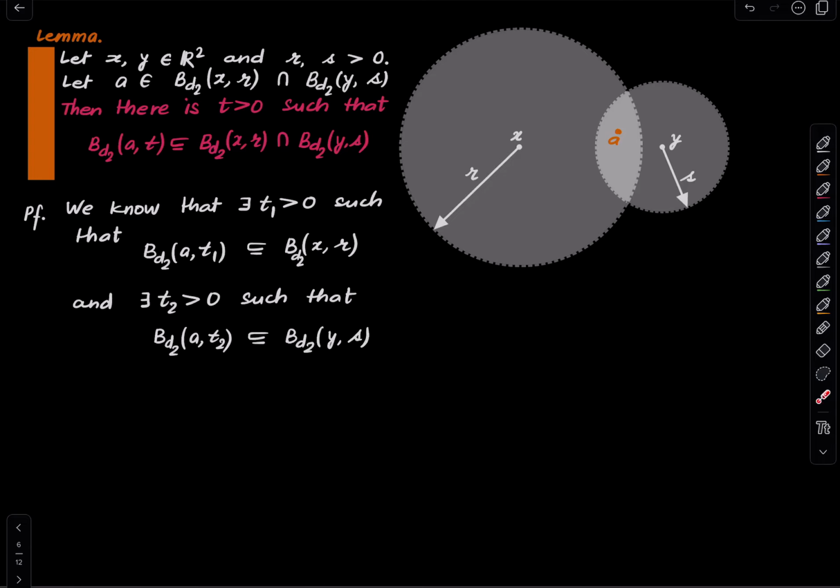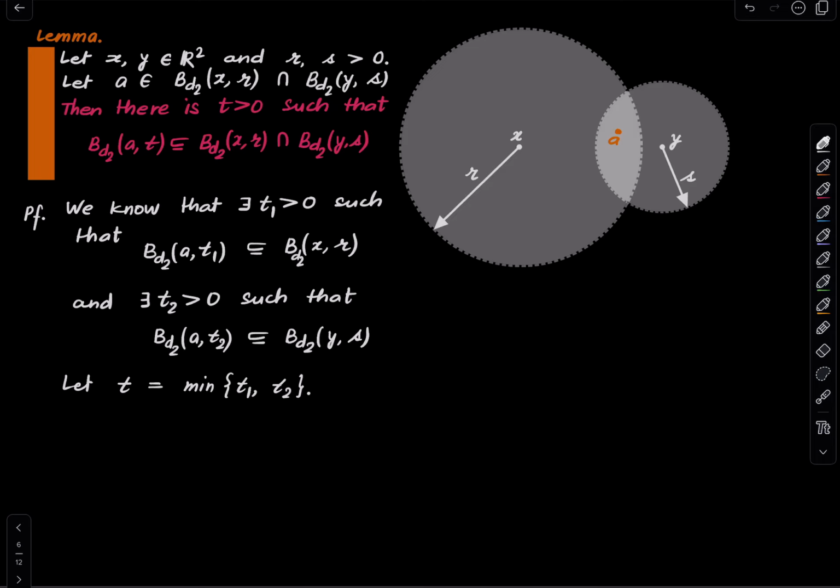There is some T2 such that the ball of radius T2 around A is contained in this ball. And now let's take T to be the smaller one amongst T1 and T2.